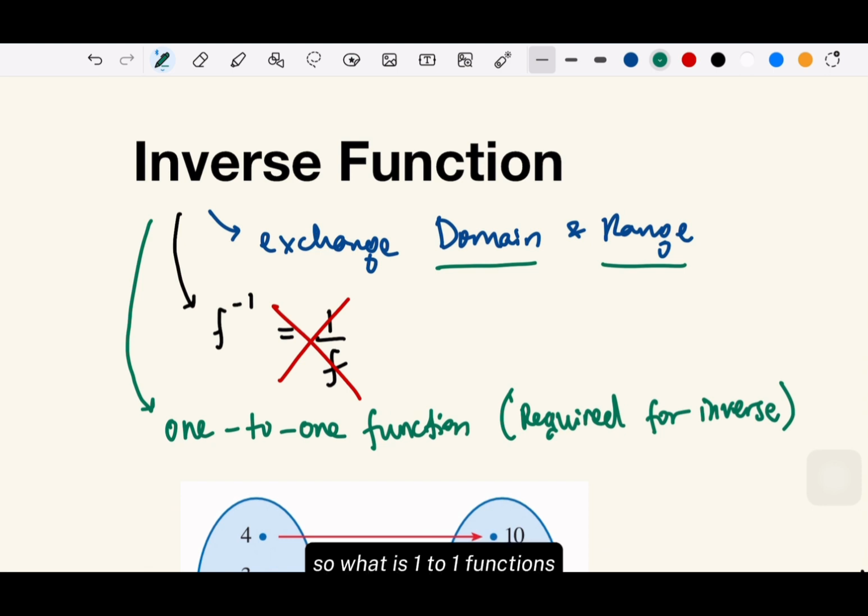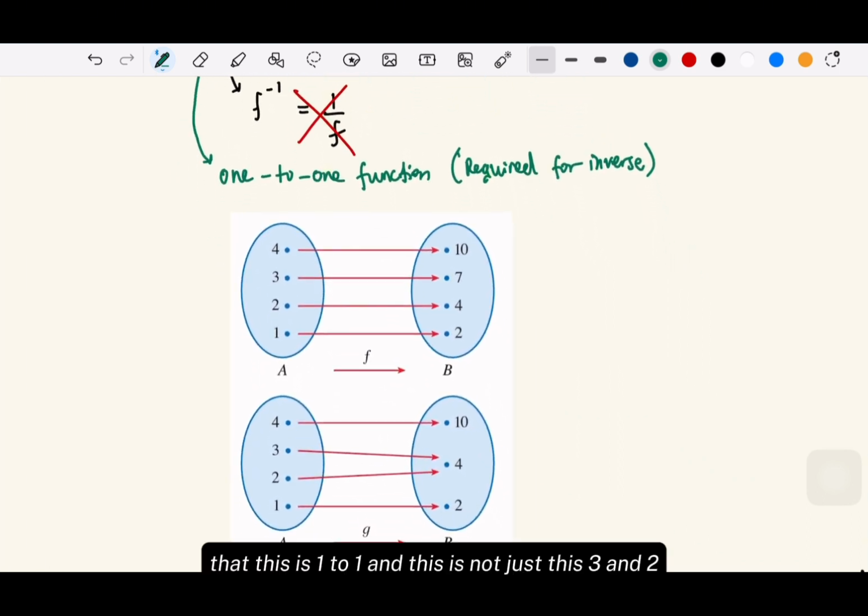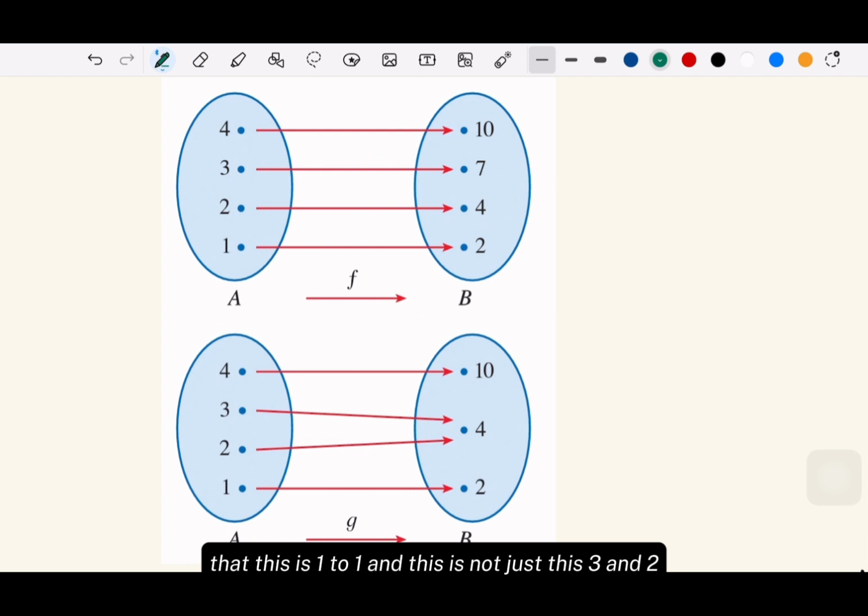So what is a one-to-one function? A one-to-one function is every x will have its own f of x, every y. And they don't have the same value twice. Okay? Which means that this is 1-to-1 and this is not. Because these 3 and 2, they both have the same y, or the same range, or the same f of x.